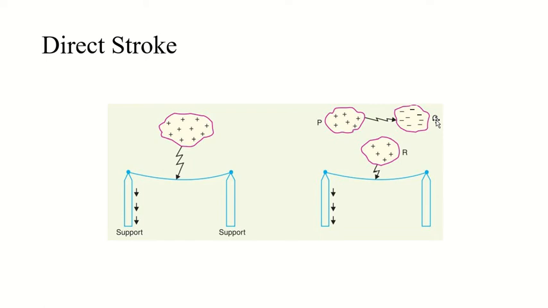Direct strokes on the power system are very rare, but stroke A can fall on tall objects. Most of the time, if stroke A is happening, then it will fall on the tall objects, and we can protect the tall objects from strokes like stroke A. But if stroke B is taking place, then there is no way that you can protect your power system, because stroke B will not fall on the tall object.